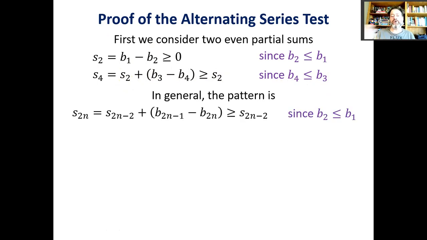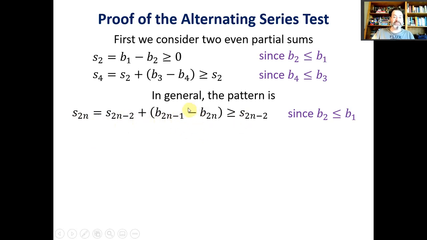And so the general pattern is for every S_2n, so we're just looking at the even partial sums, it's the previous even partial sum plus the next two terms. But because this term is smaller than this one, this is positive. And that has to be bigger than what we started with. So the idea here is the next even partial sum is the previous partial sum plus some positive number.